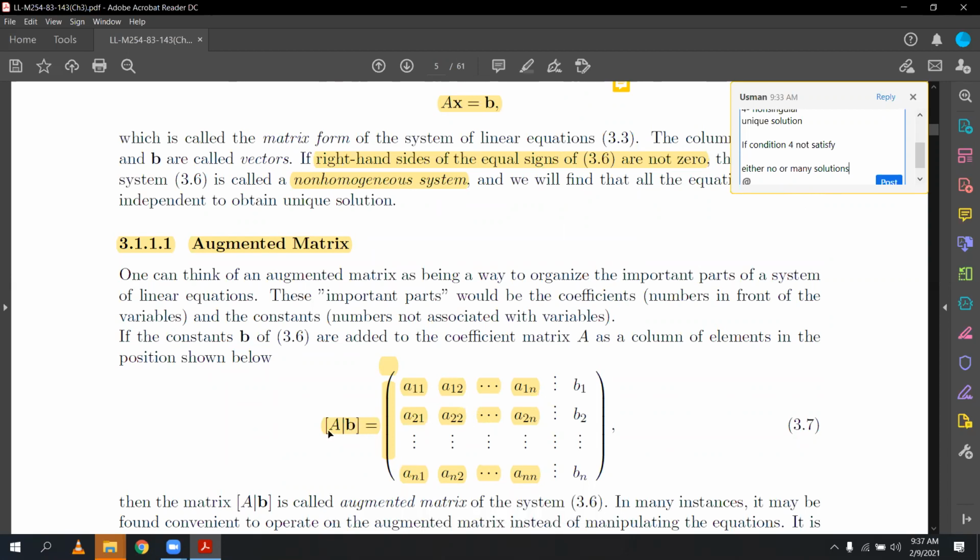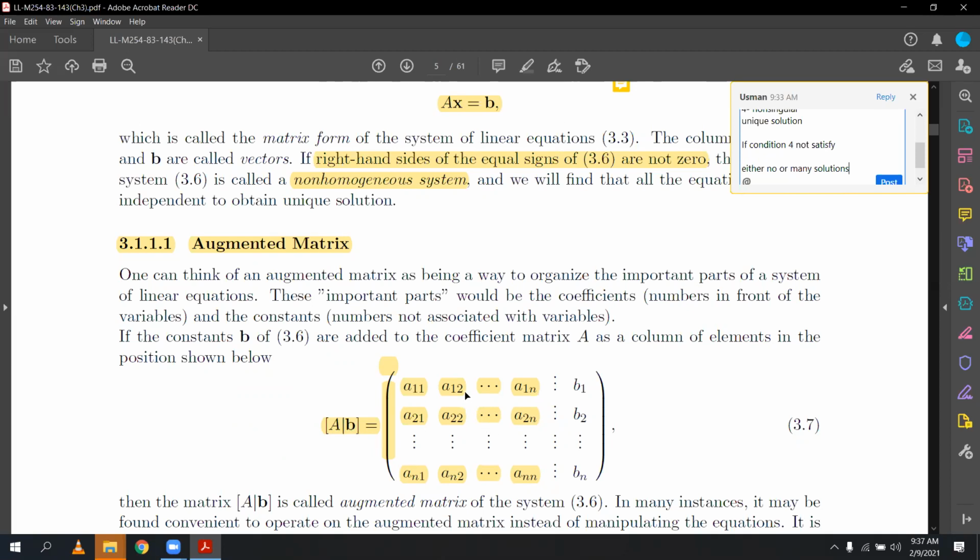Especially we use this matrix when we solve the linear system with the help of numerical methods. I put a line between A and B just to differentiate between them. The left side of that line is your A and the right side is your B.